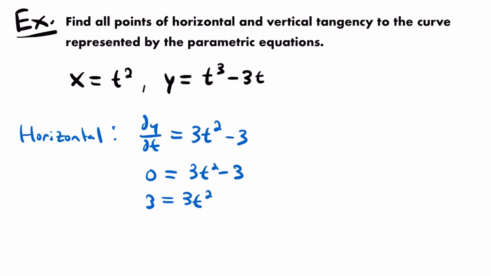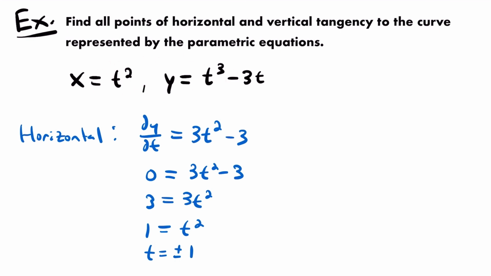Then if we divide both sides by 3, we'll have 1 is equal to t squared. Now if we take the square root of both sides, the square root of 1 could be positive 1 or negative 1, because both 1 and negative 1 squared would be 1. So t is equal to plus or minus 1.